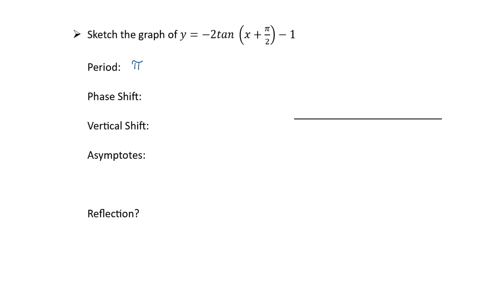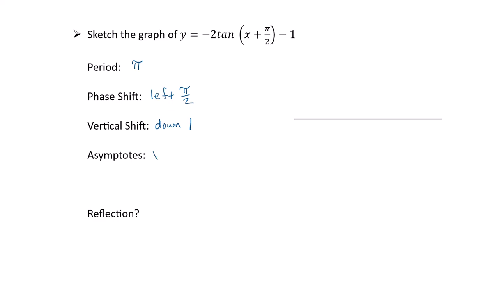Since this is a plus pi/2, we're going to be moving left pi/2. Our c value is -pi/2. The vertical shift shown here is that we will be moving downward 1 unit.